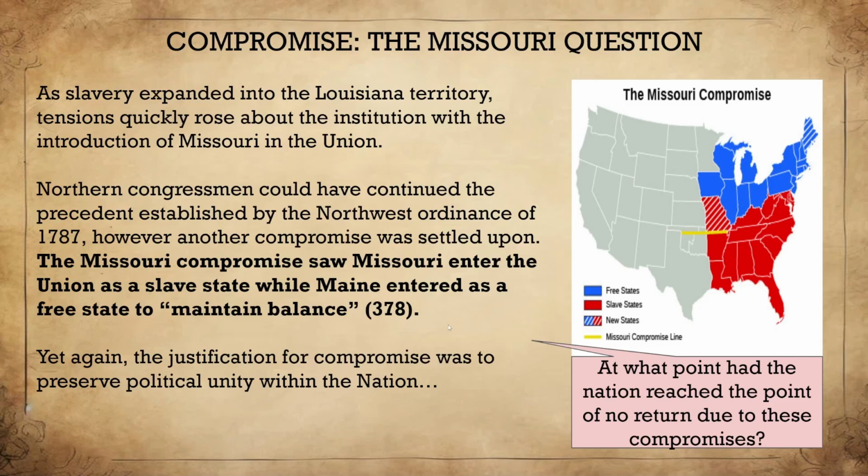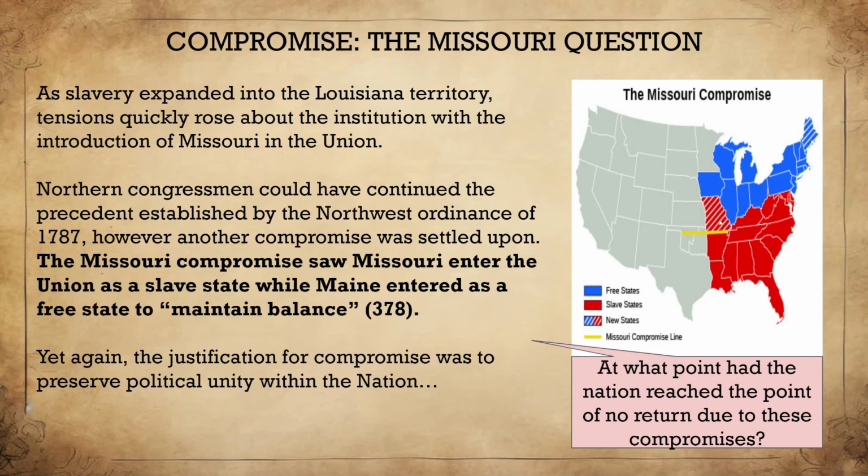The failure of compromise has now made it to where slavery is not only expanding, the southern states are getting more and more bold and more defiant against anti-slavery laws. Instead of addressing the issue, instead of facing it head on, the Missouri Compromise was enacted.